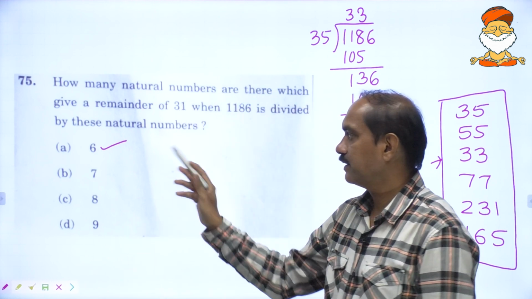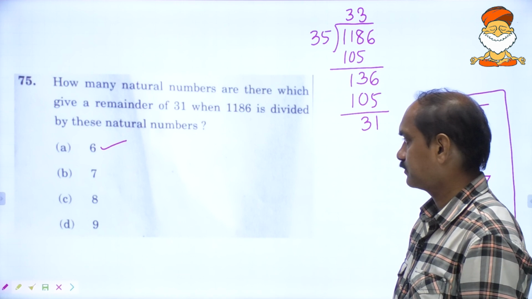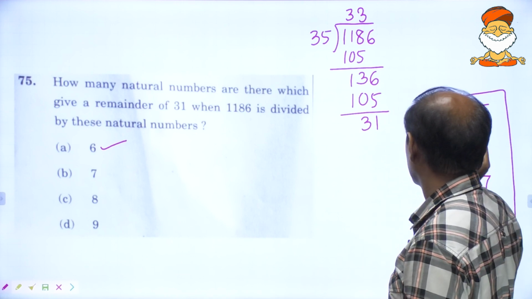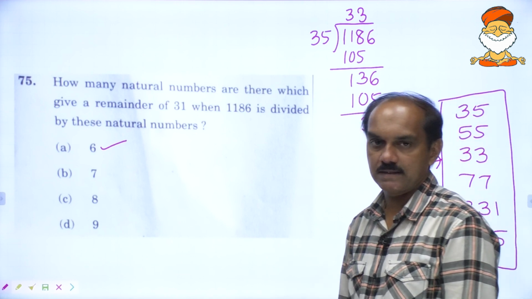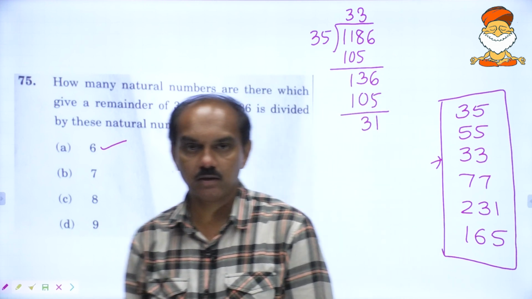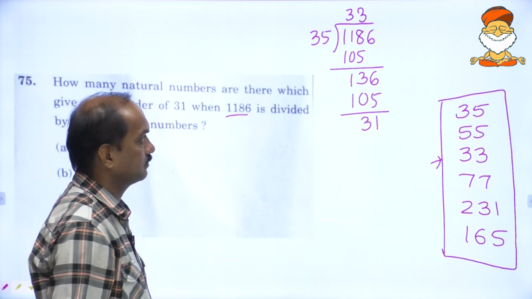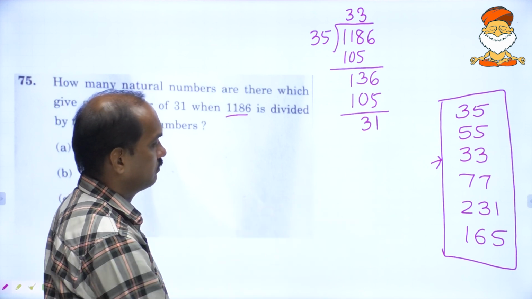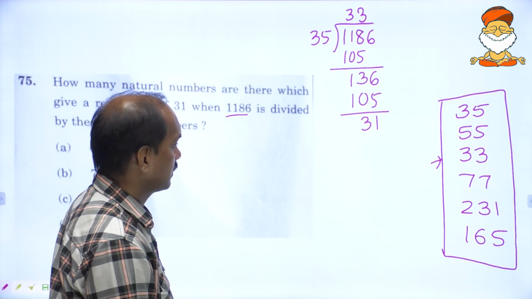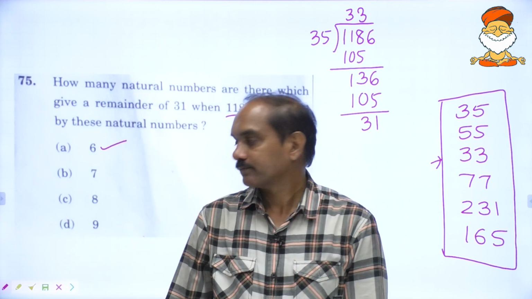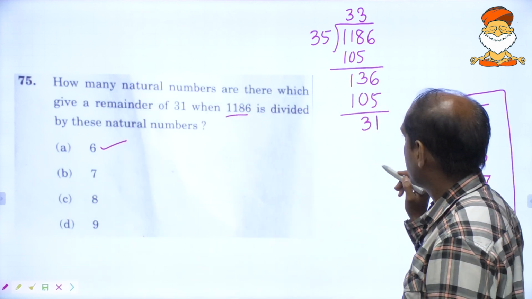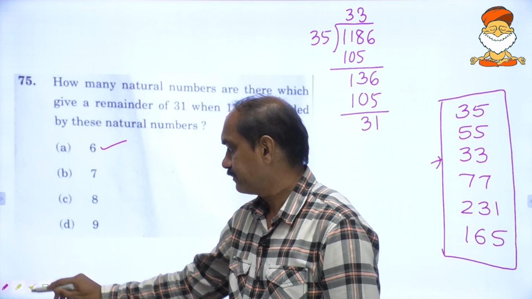Therefore, the answer is 6. You don't get to see any other number other than these, wherein you will get the remainder 31 when you divide this 1186 by these numbers. You can check other things also afterwards. Now let me go to the next one.